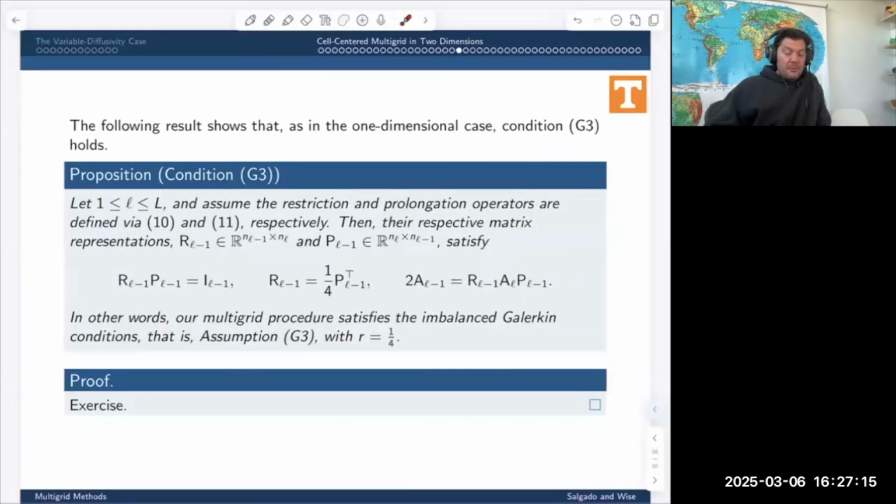All right, so let's state a theorem that we're not going to prove for the very simple reason that you guys are going to prove that as part of a homework exercise coming up. Well, maybe by next week. So, what does it say? Let's assume that the restriction and prolongation operators are defined the way they previously were, and let's suppose that their respective matrix representations are given by these symbols, and by their respective matrix representations, we mean through the lexicographic ordering.